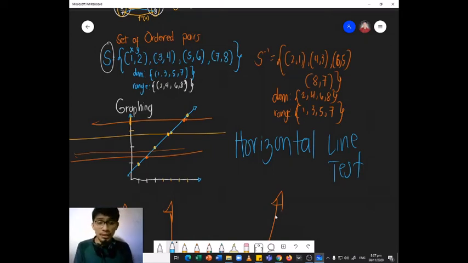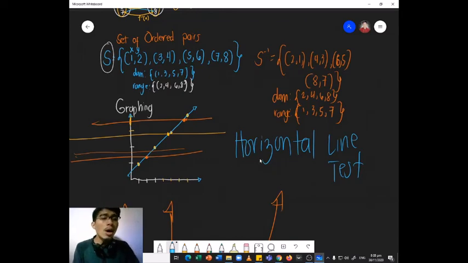Again, if the horizontal line touches more than once in a certain graph, that graph doesn't have an inverse. If it touches only once in every horizontal line test, that graph has an inverse.